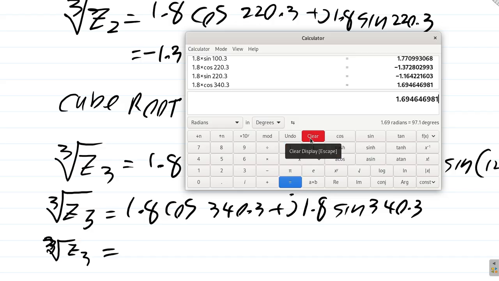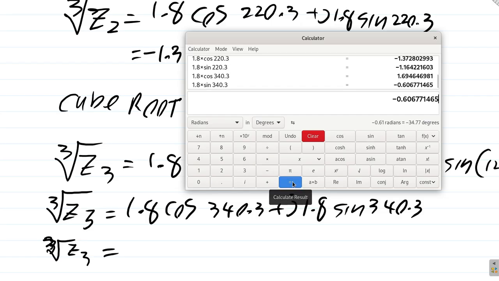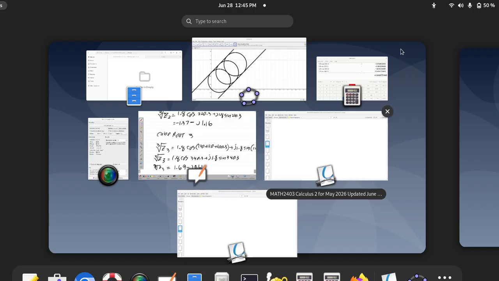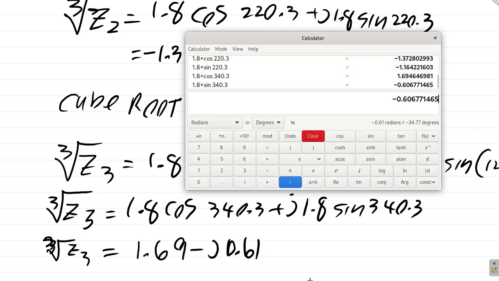And then the other one is 1.8 multiplied by sine 340.3, which equals negative 0.61.